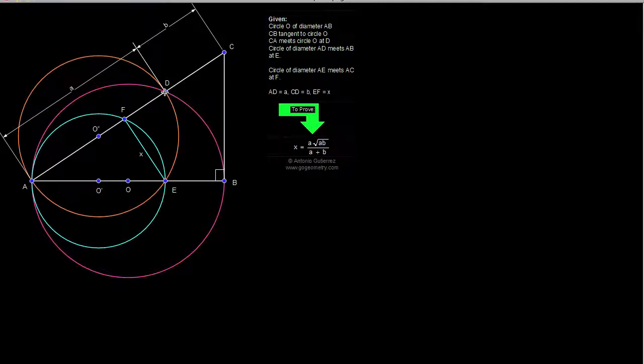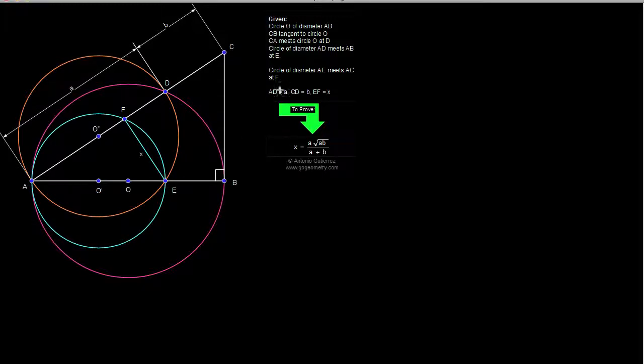And the circle of diameter AD, so this circle meets AB at E. So that also tells us that both of these circles go through this point D right here. And we know that both of these circles go through this point E right here.